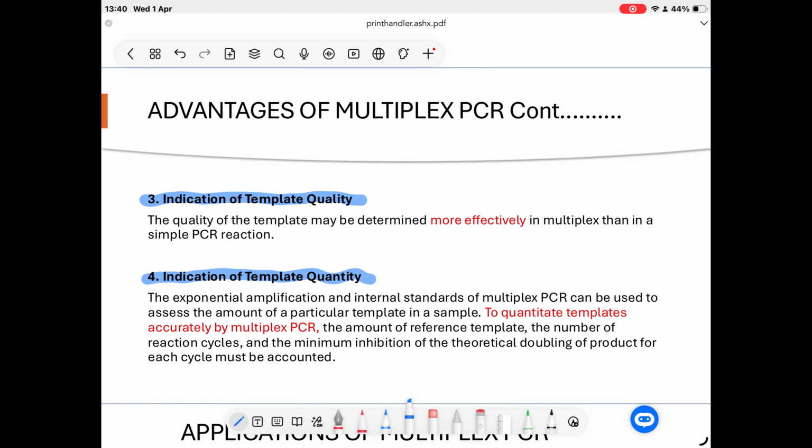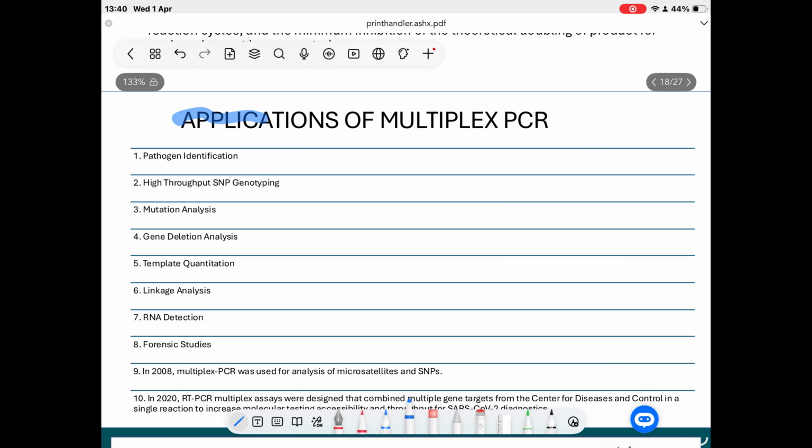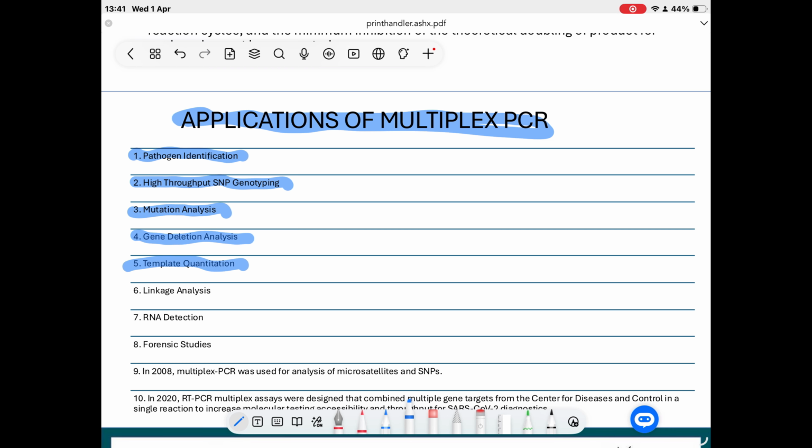Which bridges us directly into the ultimate application of this technology, the real-world impact. The source document provides an incredibly dense, exhaustive breakdown of the applications of multiplex PCR, moving from theoretical chemistry to clinical deployment. It lists 10 broad categories: pathogen identification, high-throughput SNP genotyping, mutation analysis, gene deletion analysis, template quantitation, linkage analysis, RNA detection, and forensic studies.